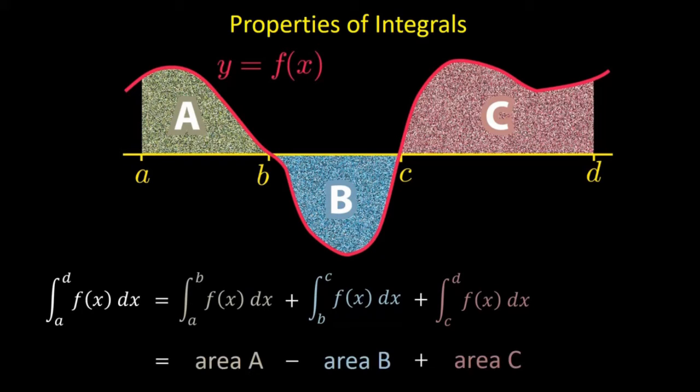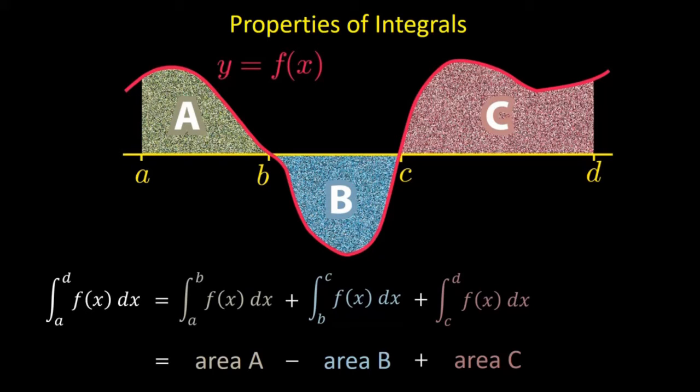But they're not all positive. The first one is positive. It's the area that I called region A. The second integral, in the middle, is negative. It's minus the area of B. And the third integral is the area C, which is again positive.